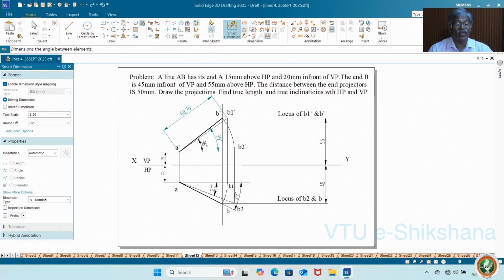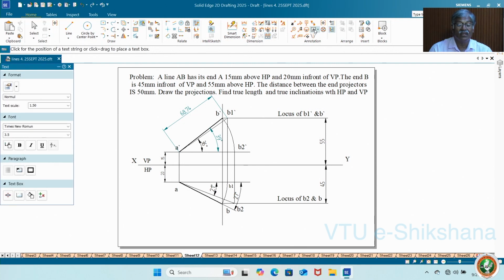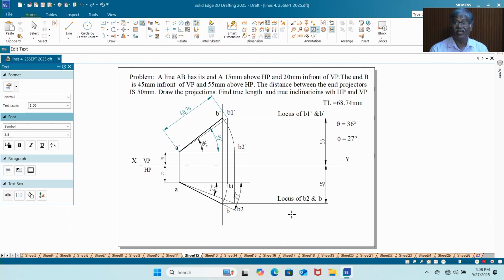So let me use this text. True length equal to 68.74 mm. Work out some more problems in the coming sessions.